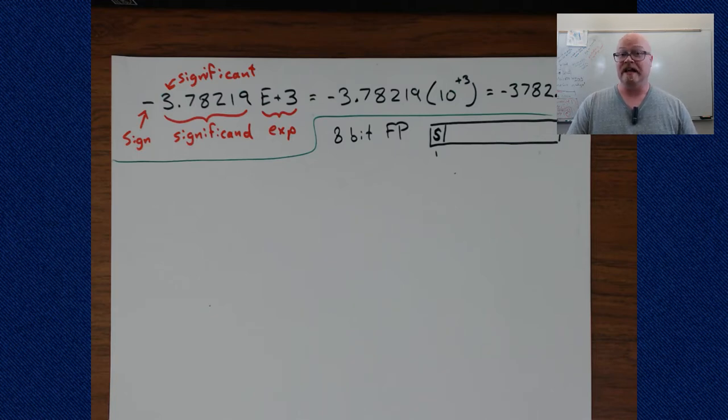If we go with larger numbers of exponent bits than significand bits, then we put ourselves in the opposite situation. We can have a very large scale to our numbers, but we won't have very many bits of actual precision data or accurate data from the significand. So we have to make decisions there.